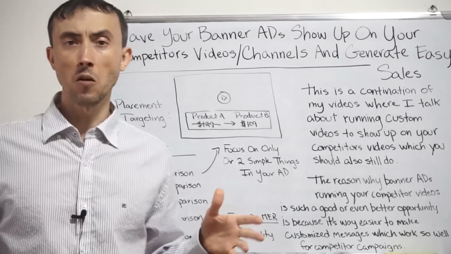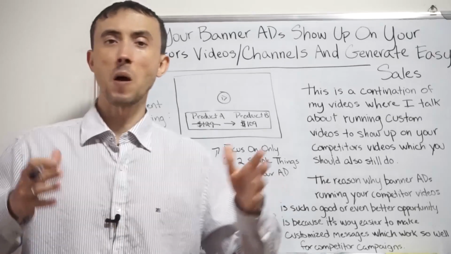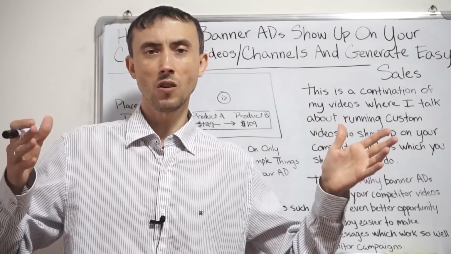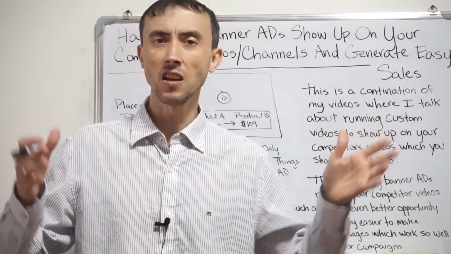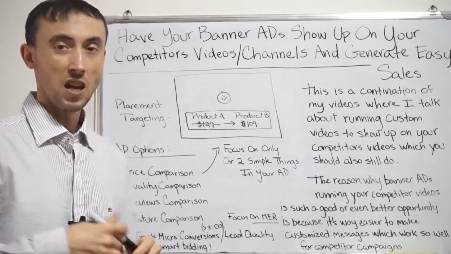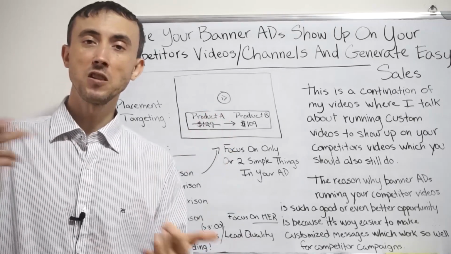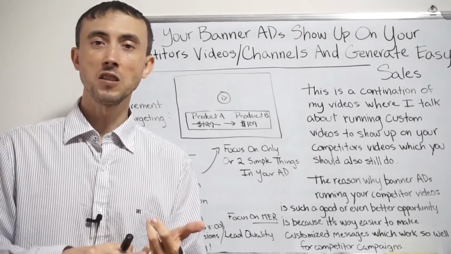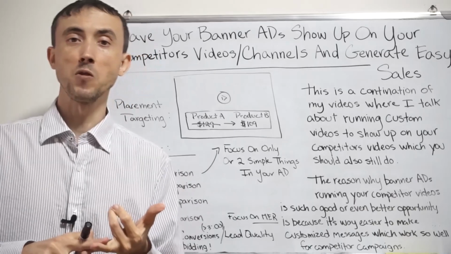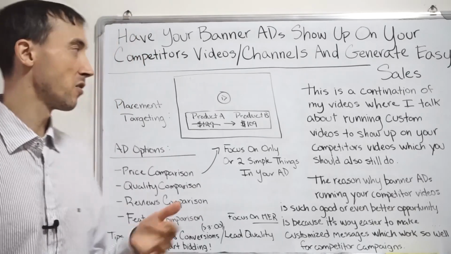And it takes a lot of work to do that, because you're probably saying, hey Corey, do you know how much time that's going to take? Yes, it is going to take a lot of time. It pays for itself, like I said, even if you have to make a custom video for every single competitor that you have and every single competitor's product, if you're doing e-commerce or product sales.